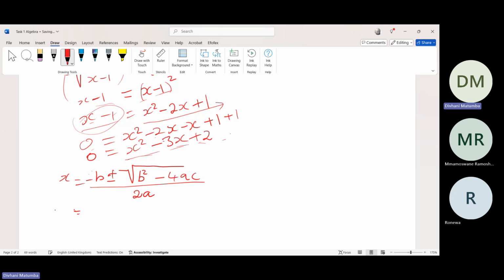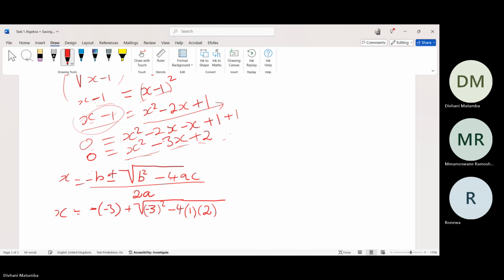So x will be minus, our b value is minus 3, plus, I'm going to first do the plus section, which is going to be the square root of b, minus 3 squared, minus 4 times a is 1 times c is 2.